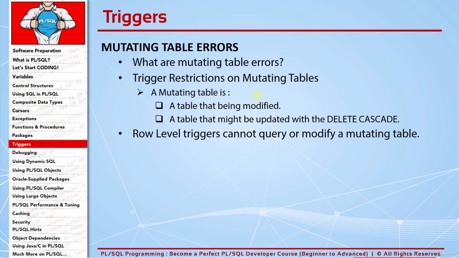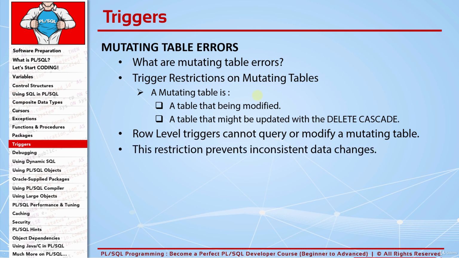Row level triggers cannot query or modify a mutating table. Since statement level triggers are run before or after the changes occur, at these times our table is not considered as mutating. So in these triggers, you can query or modify the base table, no problem. But within the before row or after row triggers, you cannot query or update the base table.